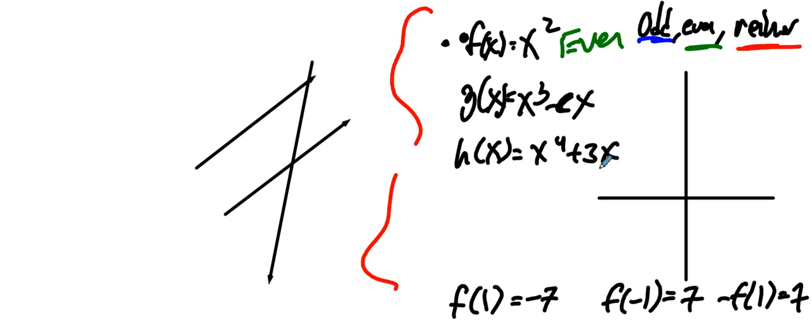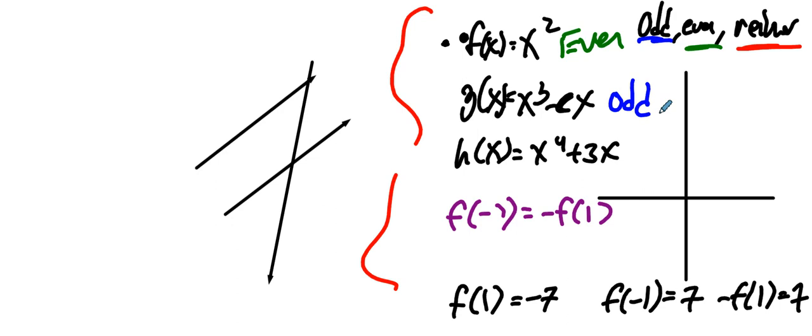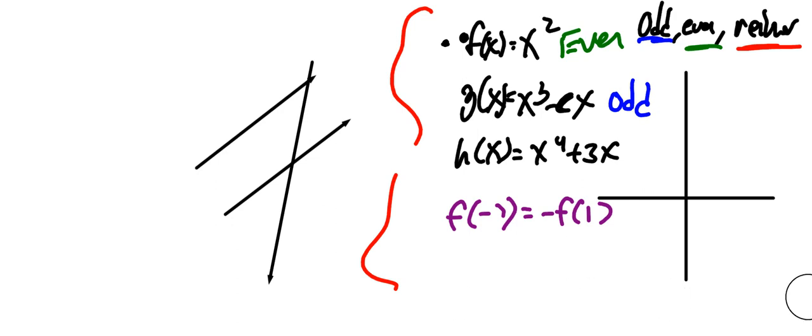So this means that we can say f of negative 1 is equal to negative f of 1. So that means this right here is an odd function. Now we can look at this function here and say that is an odd function.